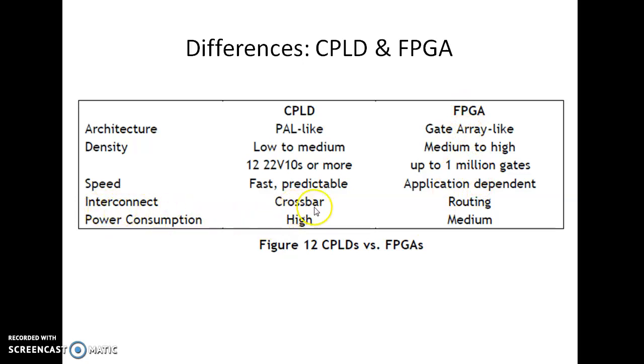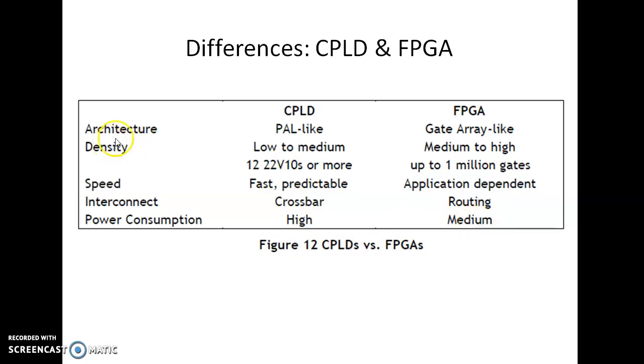The interconnections are crossbar type interconnections for CPLD, and routing type interconnections for FPGA. And consider the power consumption, which is one of the most critical parameters nowadays. For any IC, the power consumption should be less. For CPLD, the power consumption is high, whereas for FPGA, the power consumption is medium.